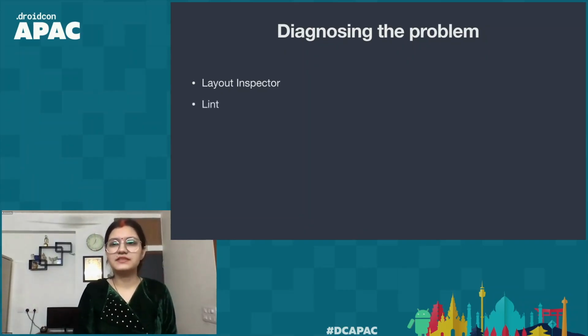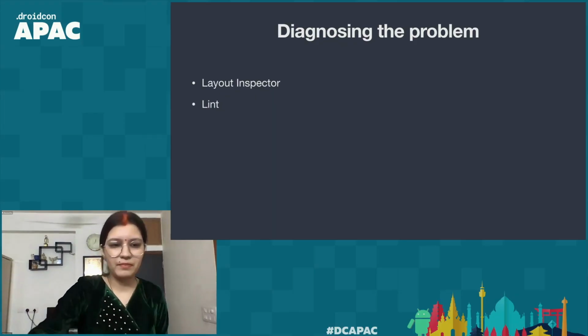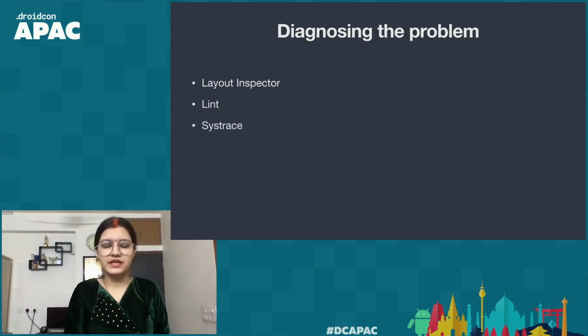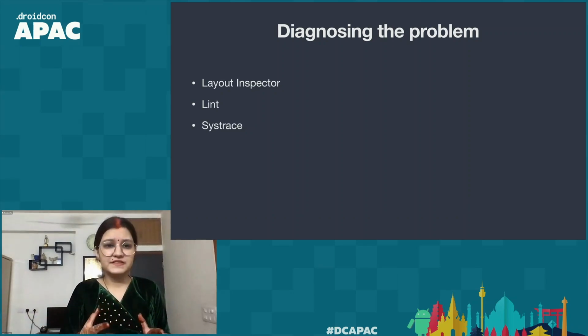Then the next one is Lint, which comes bundled with a lot of helpful rules that can directly pinpoint you to the issues in your layouts and also provide useful suggestions to fix them. Next one is Systrace. Systrace provides a graphical representation of all the processes running behind the scenes in your application.